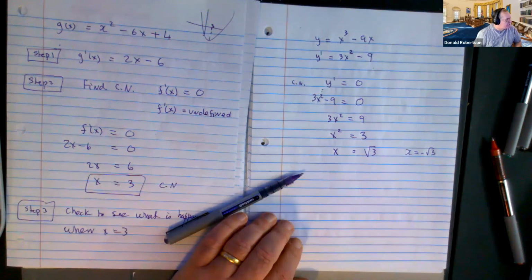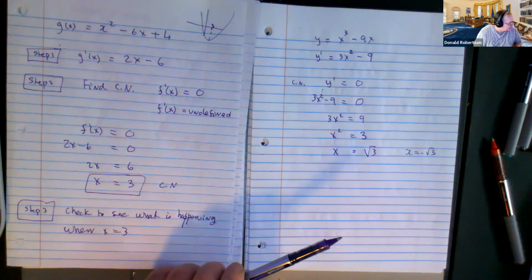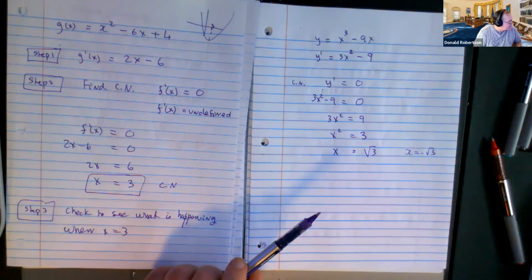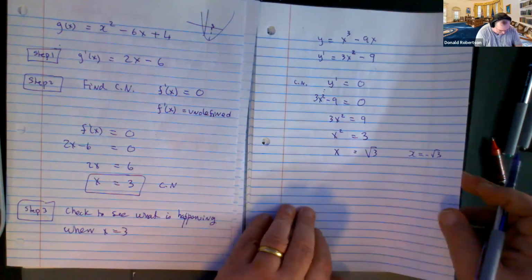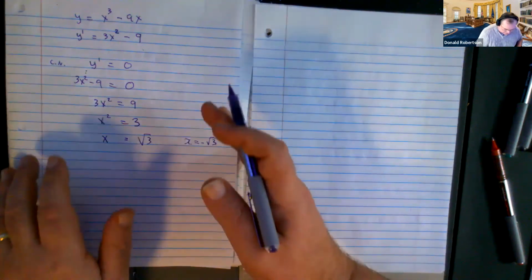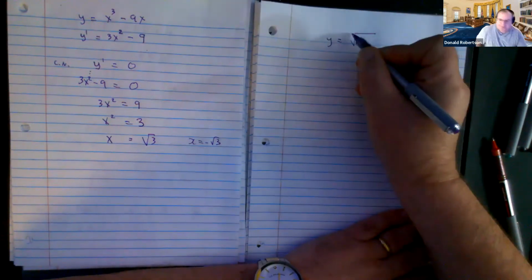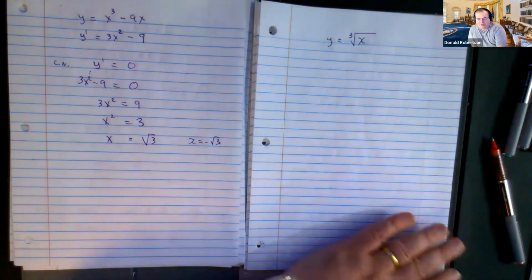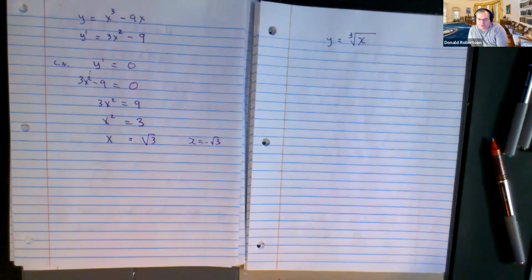So working in that same vein, let me show you another function which superficially looks pretty harmless. I want to find the critical numbers for the function the cube root of x.